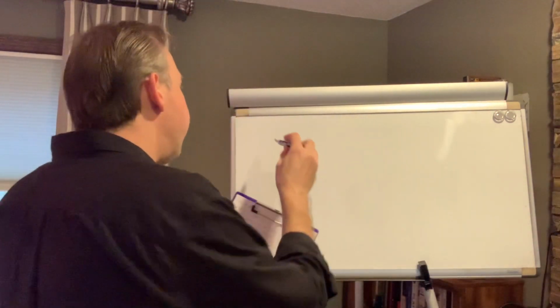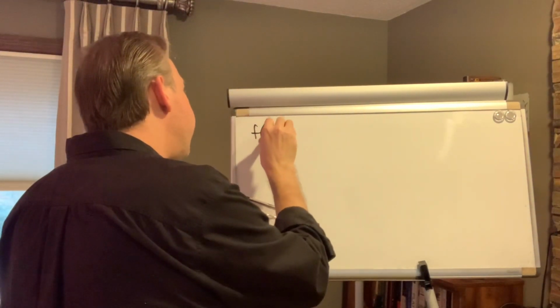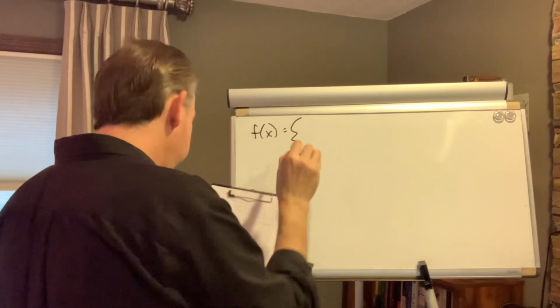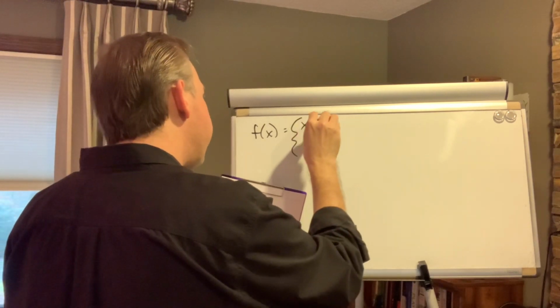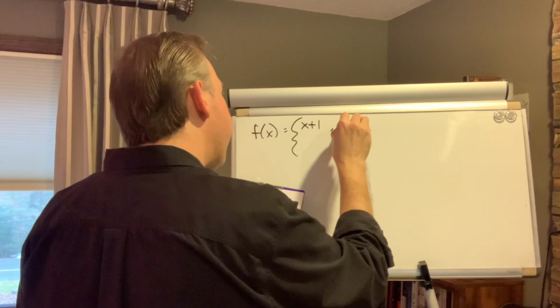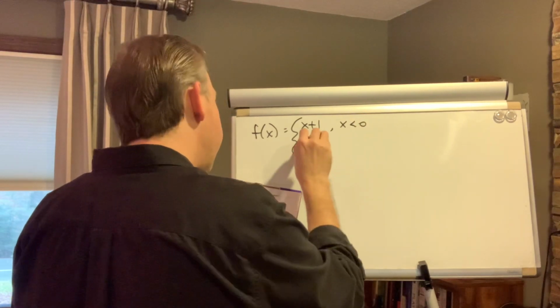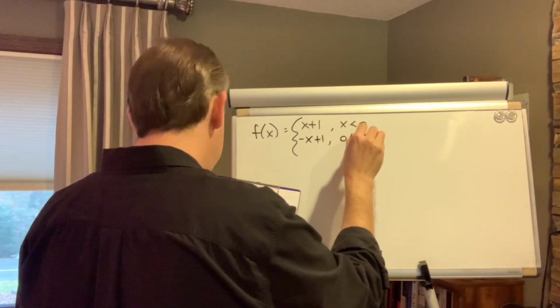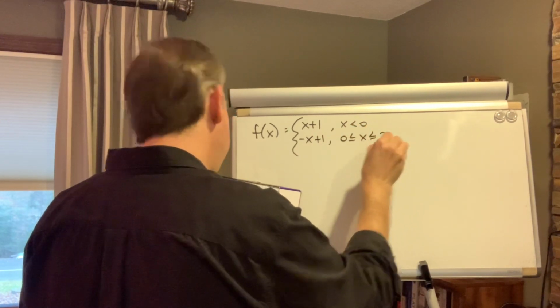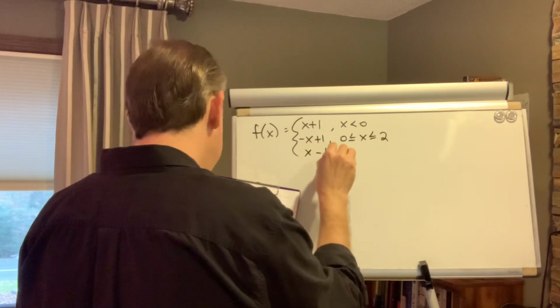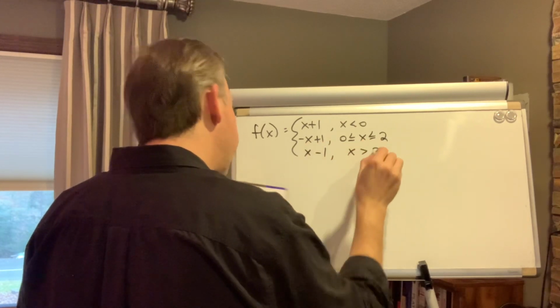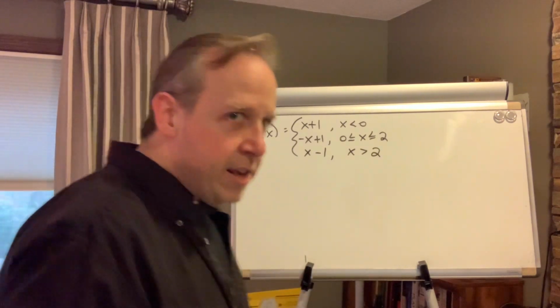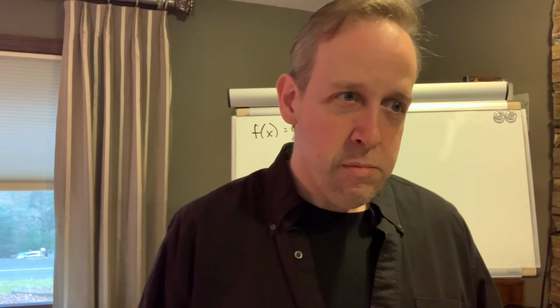So here is a problem from the worksheet. f of x equals x plus 1 for x less than 0, negative x plus 1 for 0 less than or equal to x less than or equal to 2, and x minus 1 for x greater than 2. In case you goofed and you want to try it again, why don't you do that now? Pause the video and then play and see if it's right.